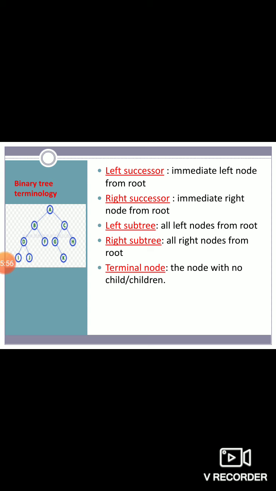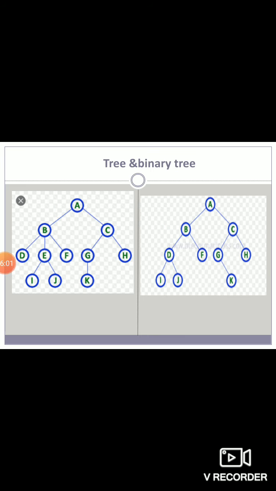Okay. Now we will see the tree and the binary tree in one picture. The left-hand side of the diagram is the tree and the right-hand side is the binary tree. What is the major difference? In a binary tree, for any node the maximum number of children is 2.